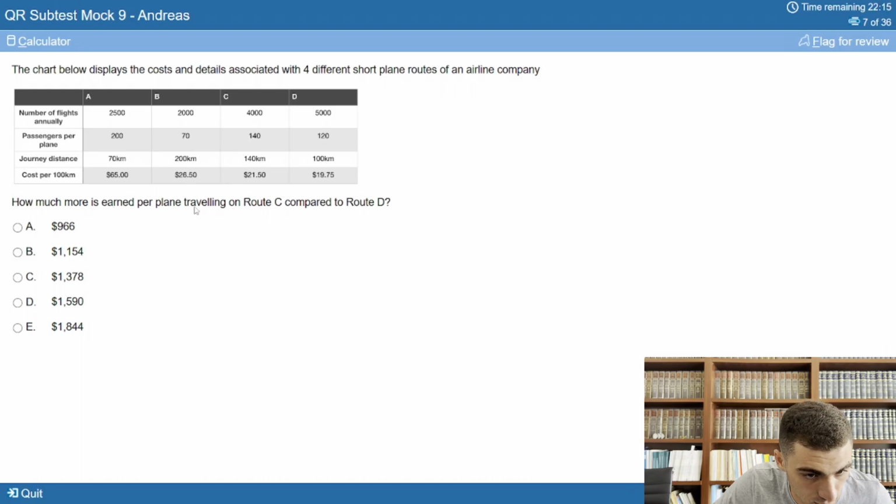How much more is earned per plane traveling on route C compared to route D?